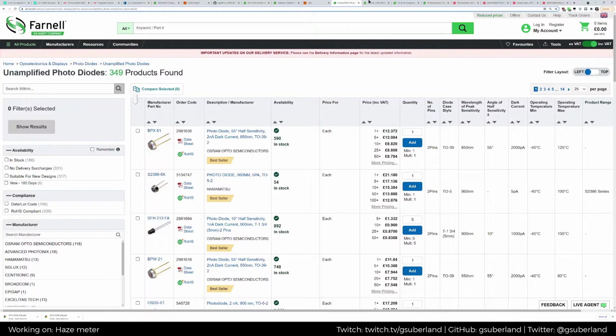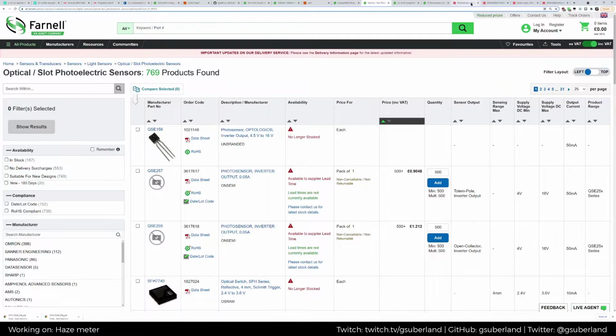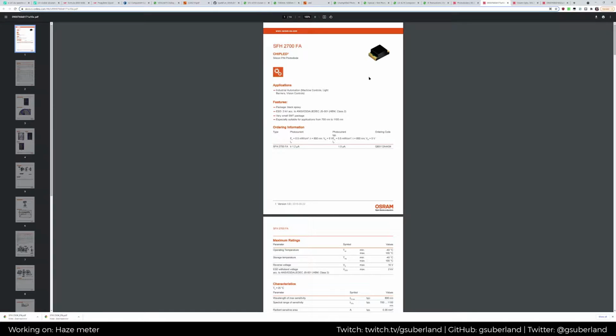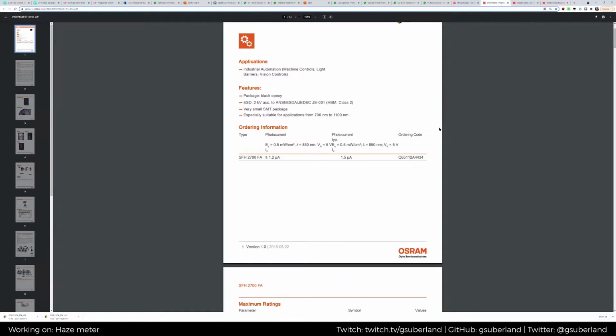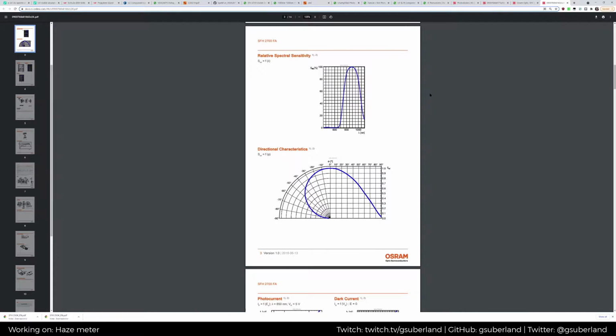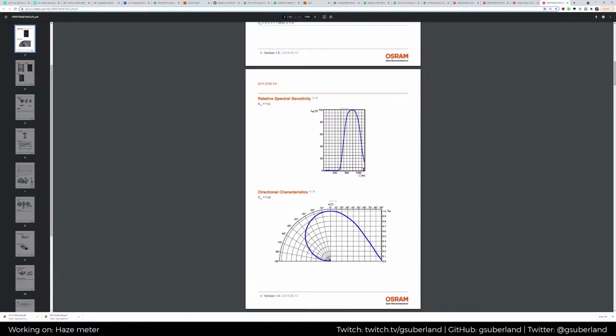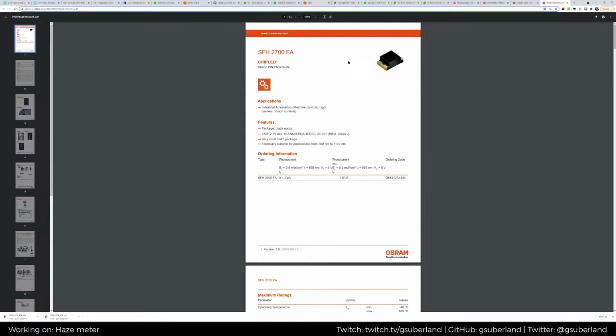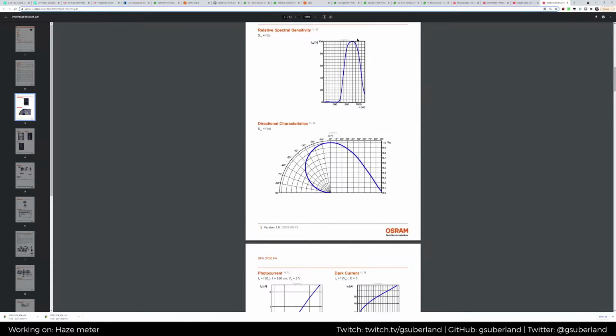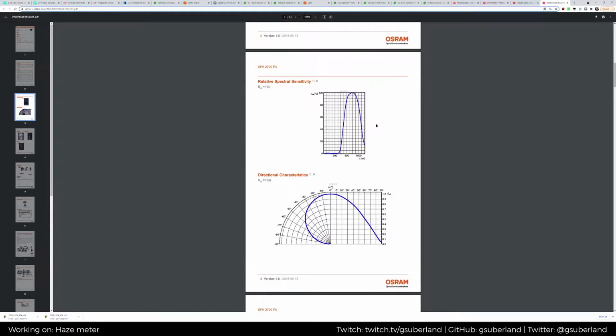So on the photodiode side, I've been searching around through some of these. This one might have been pretty good. Or was it this one? Oh yeah, this one was pretty good. So this is the photodiode that I would be using for measuring the incoming light on the IR end of the spectrum.